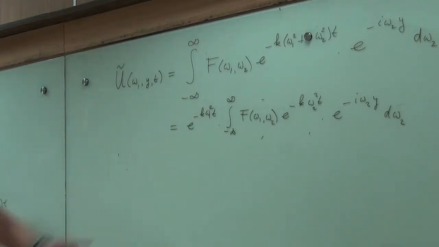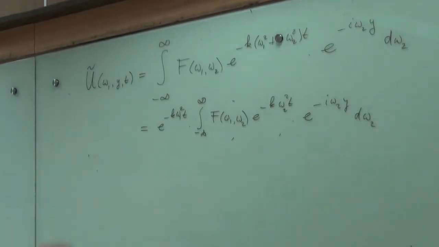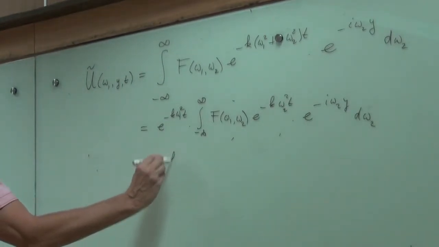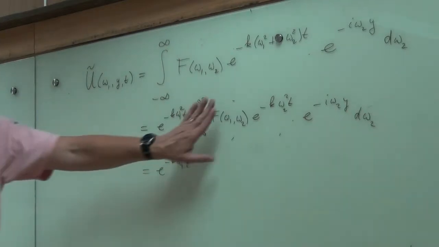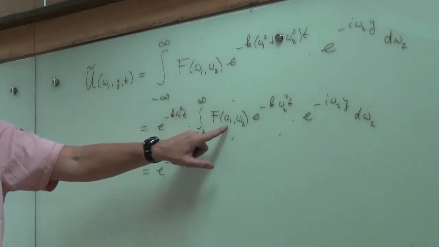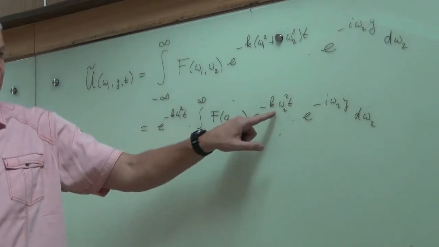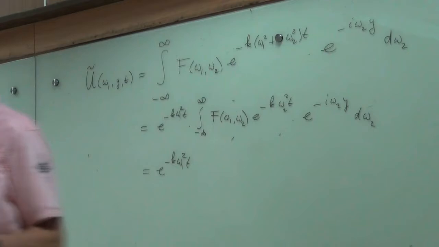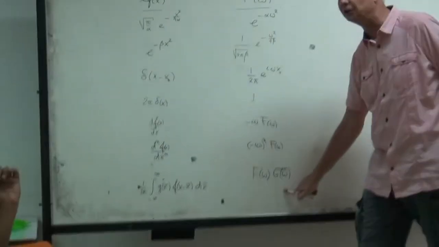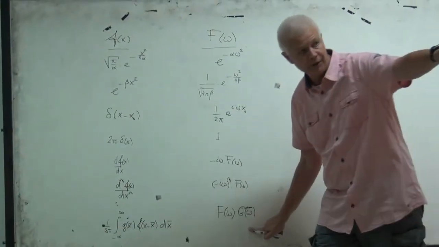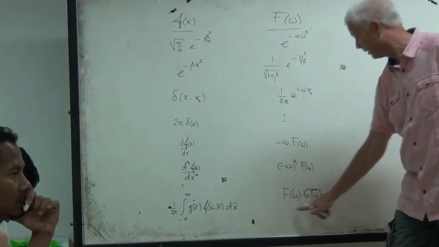Can you tell me what that integral is? If the omega 1 is not there, that's not important. I have f of omega, e to the power minus k omega squared, d omega. I compute the inverse. So I have a convolution integral, f of omega times g of omega, f times e to the power minus k omega squared t.